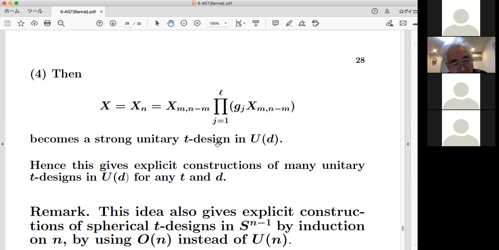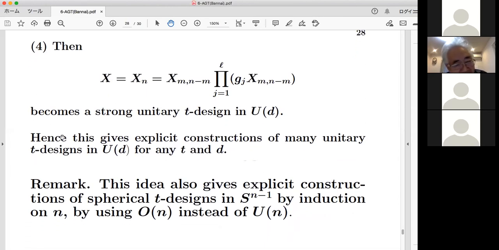So we can complete the induction, starting with n equal 1, n equal 2, and so on. By using m equal 1, we can use induction. Hence, this gives explicit constructions of many unitary t-designs in U(d) for any t and for any d. So by this method, we can complete the explicit constructions of unitary t-designs in U(d).